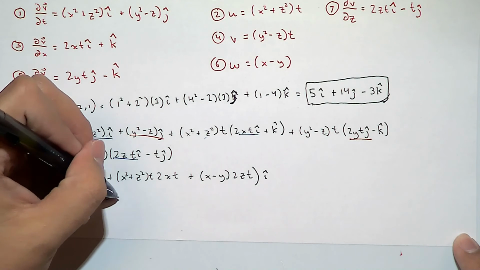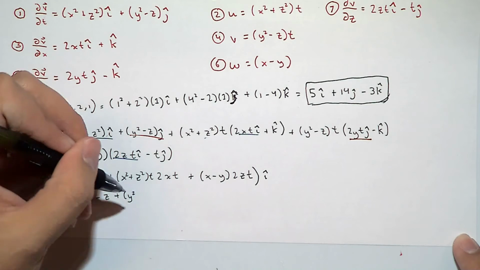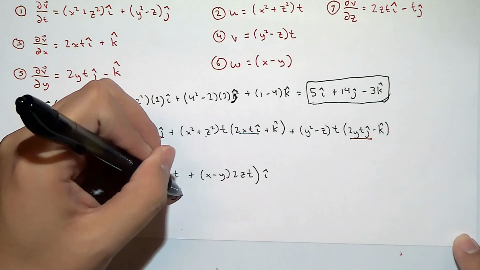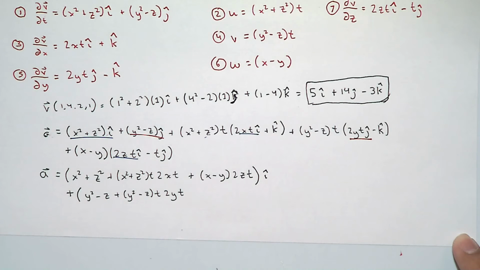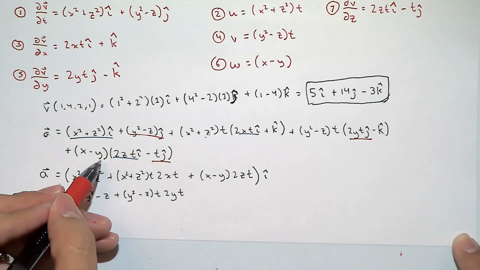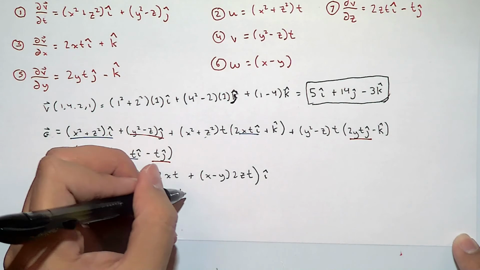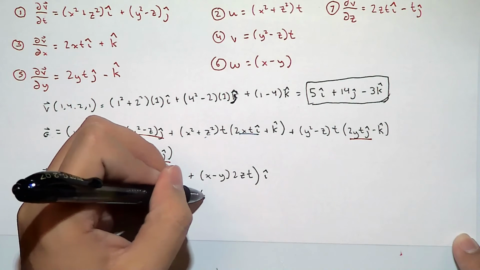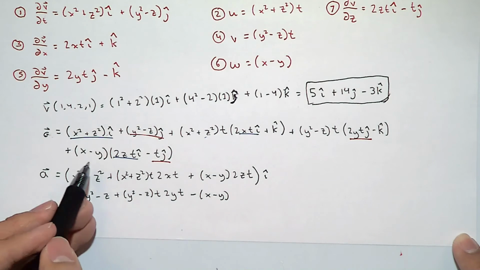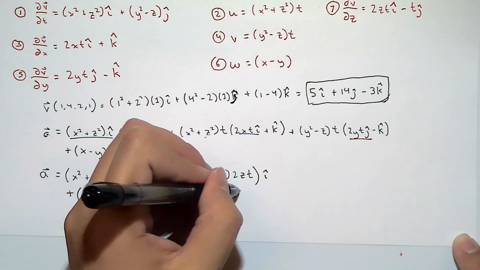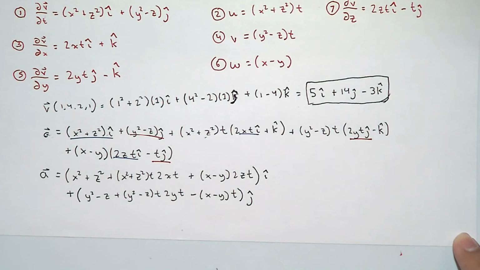So I will get plus (y squared minus z) times t times 2 times y times t. And I have one more j component, negative t j multiplied by the coefficient. I'm going to move the negative so that we get minus (x minus y) multiplied by t. And all this multiplied by my j unit vector.